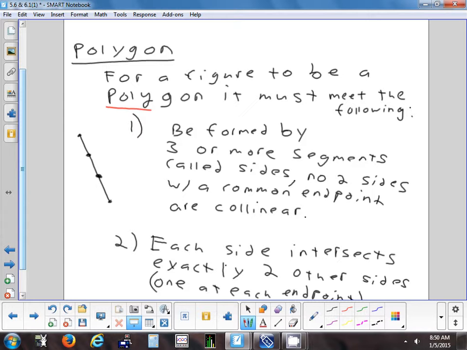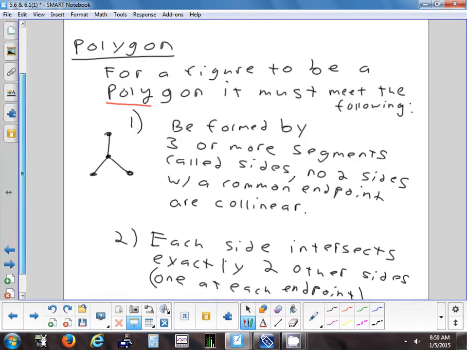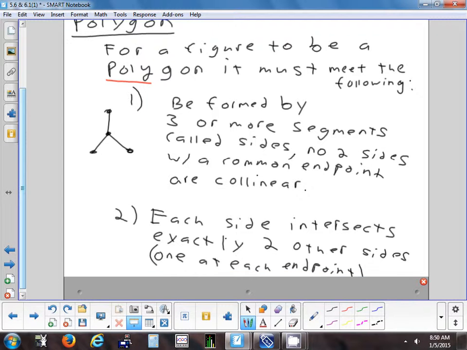So I could draw something that fits the first part of the definition, but not the second. Okay, watch this. According to definition 1, I've got 3 segments. Do I have any sides that are collinear here? Nope. But now this is where the second part comes in. It says each side has to intersect exactly 2 other sides.